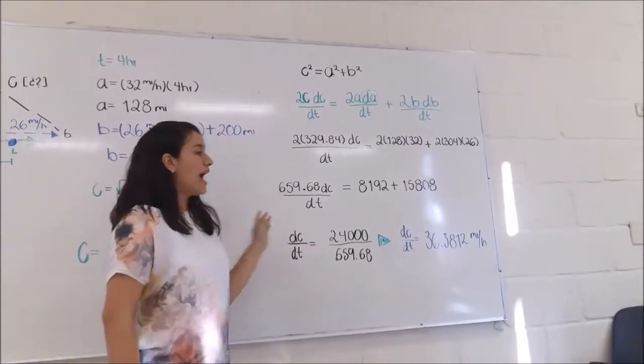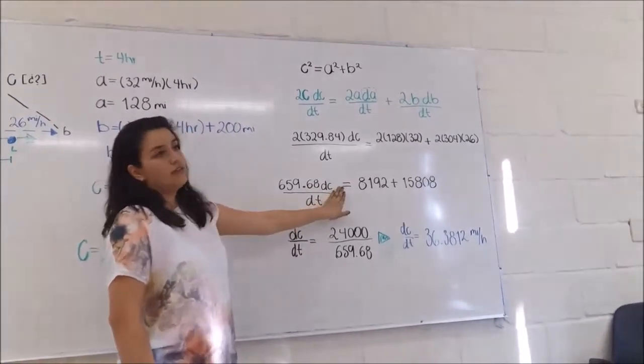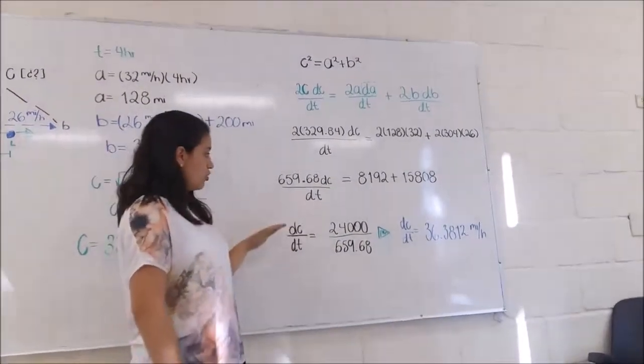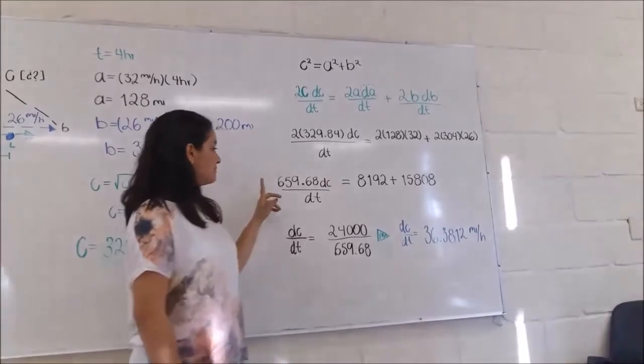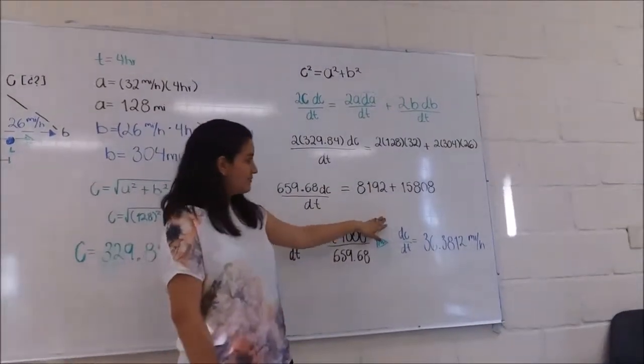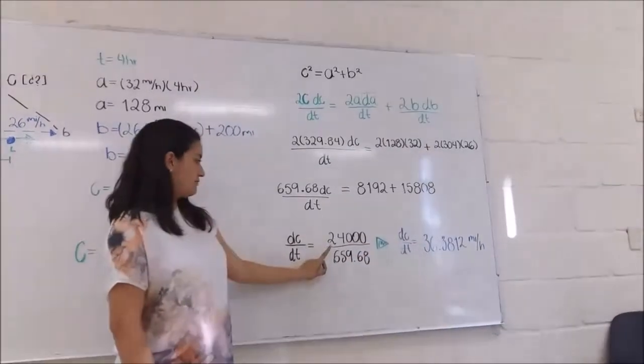Then you have to isolate the derivative of the hypotenuse respect to time. So you have to pass this value dividing this.